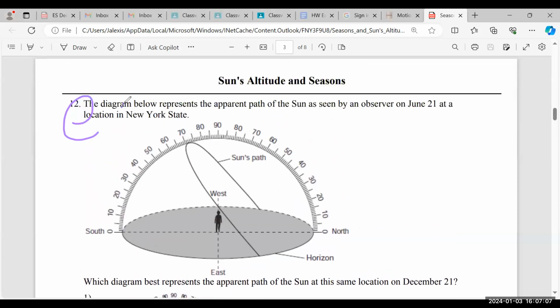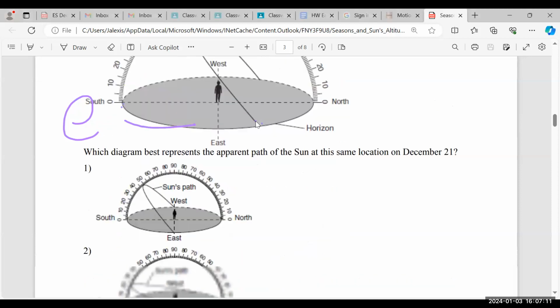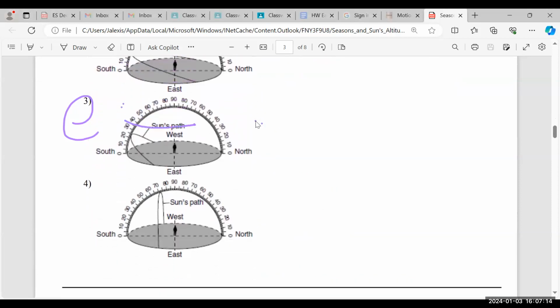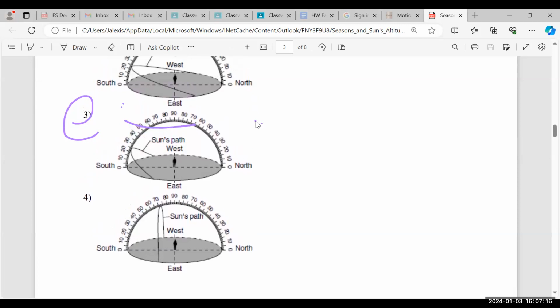But because they tell me it's New York State, that's why my sun's path has to be tilted to an angle. That's why it's choice 3.